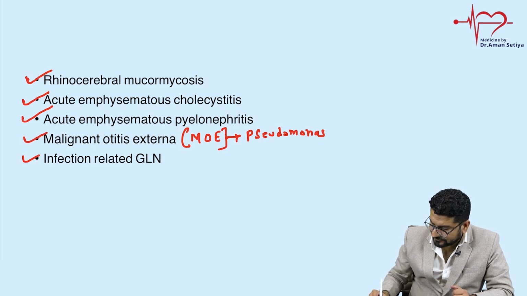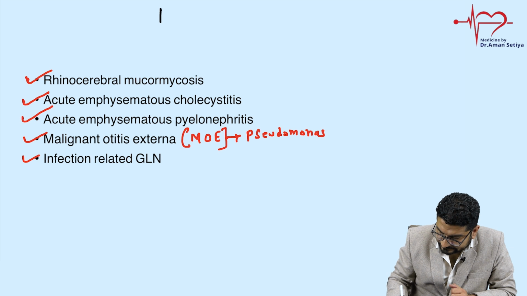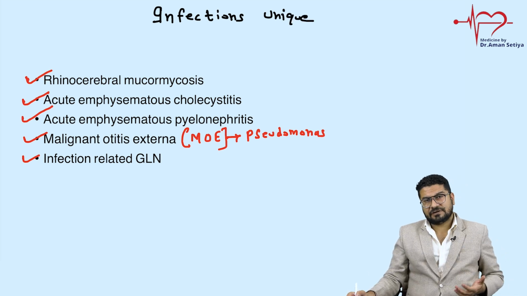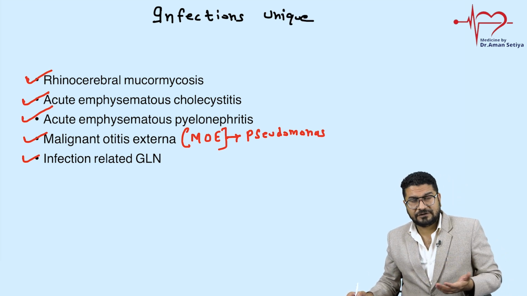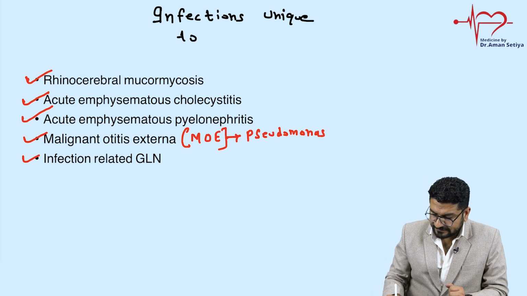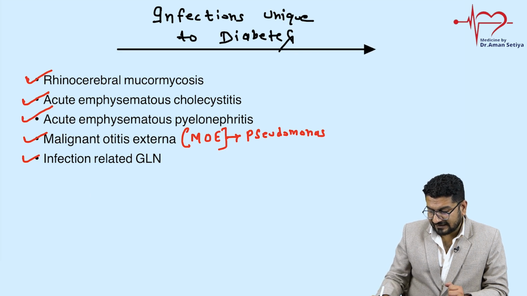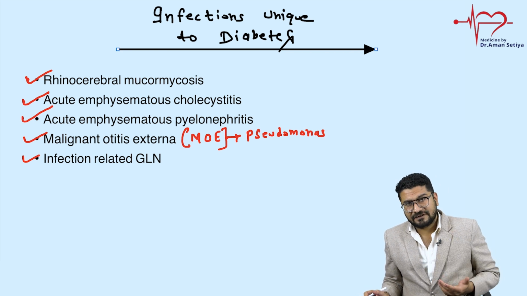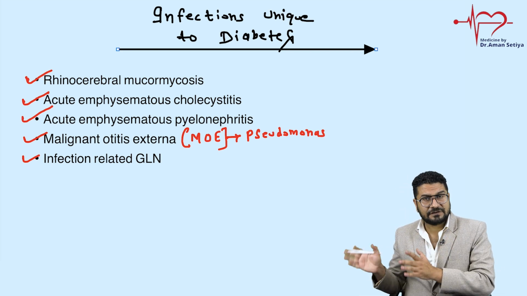These are infections which are unique in diabetes. They can ask you which patient has, for example, mucormycosis. Most of these patients were diabetic. In 90% of the time the patient is diabetic. Mucormycosis can occur because of many other reasons, but the most common patient is diabetic, right?